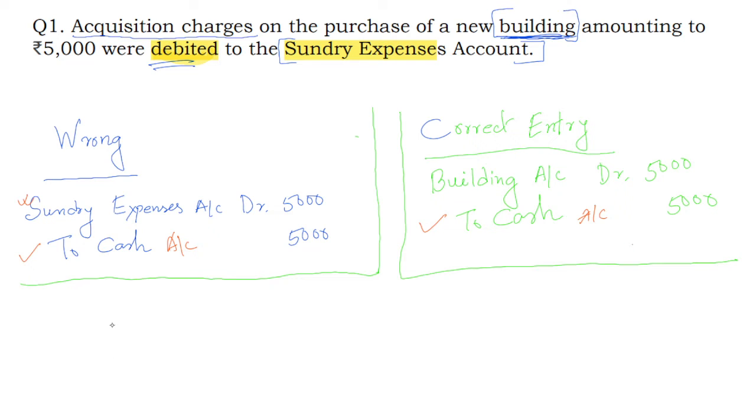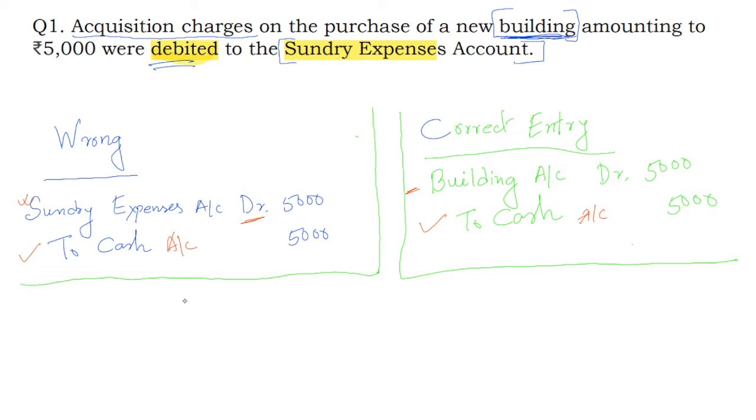If at any point anything is recorded wrongly as a debit, the only way to correct that item is to credit it. So it is debited wrongly, so we will credit it to make it correct. And correctly we have to debit the building account.